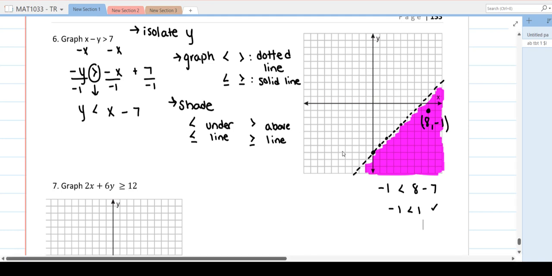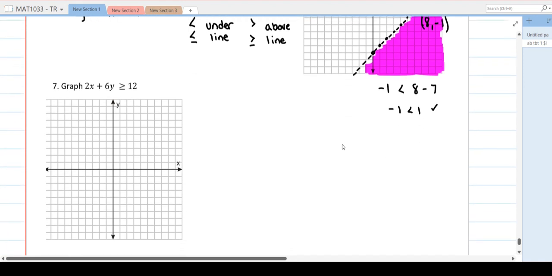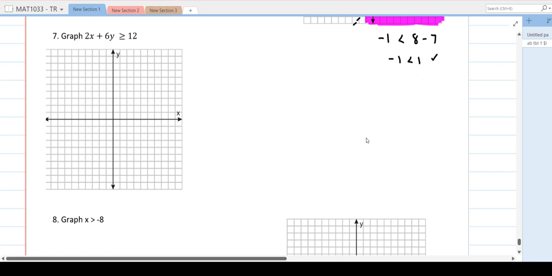So let's look at example number 7. You have 2x plus 6y is greater than or equal to 12. I think you could probably graph this with the intercept method if you wanted, but let's just keep it the same. So we're going to solve for y.